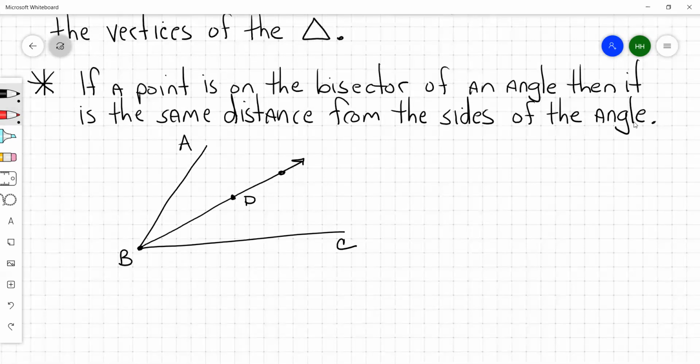If angle ABD is congruent to angle DBC, if those two angles are congruent, then BD is an angle bisector, and the distance from D to BC and D to AB, those two distances are the same.